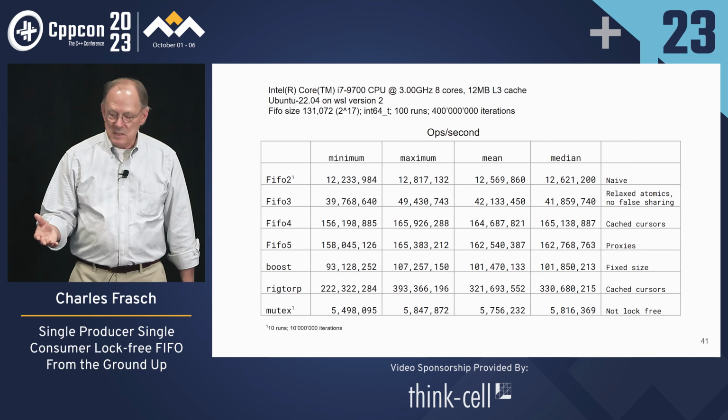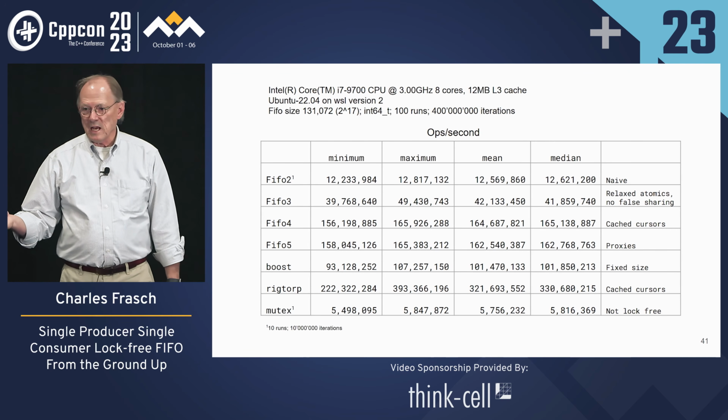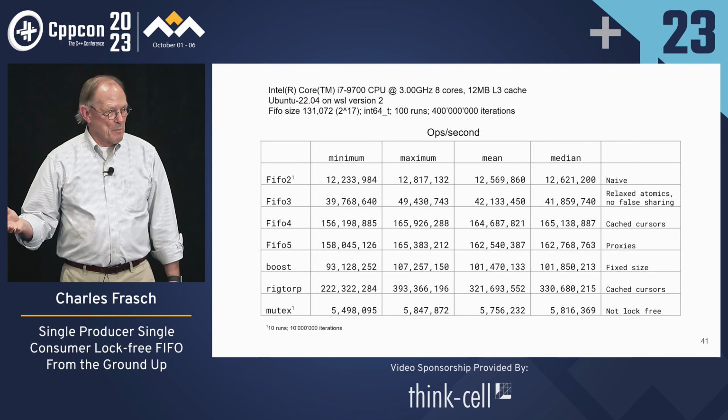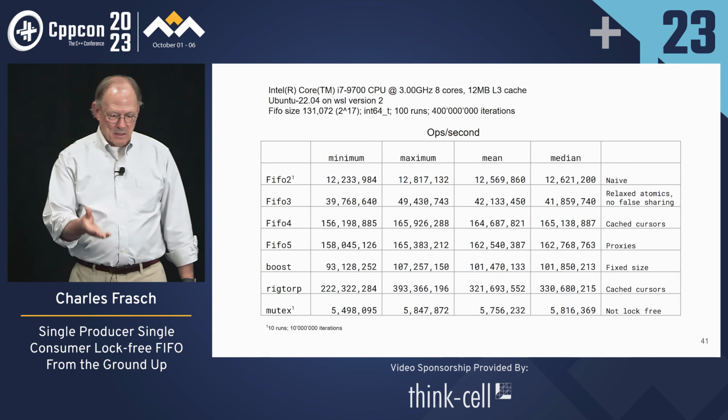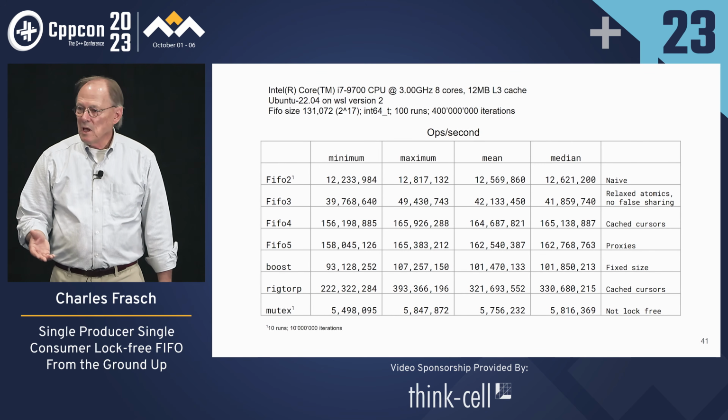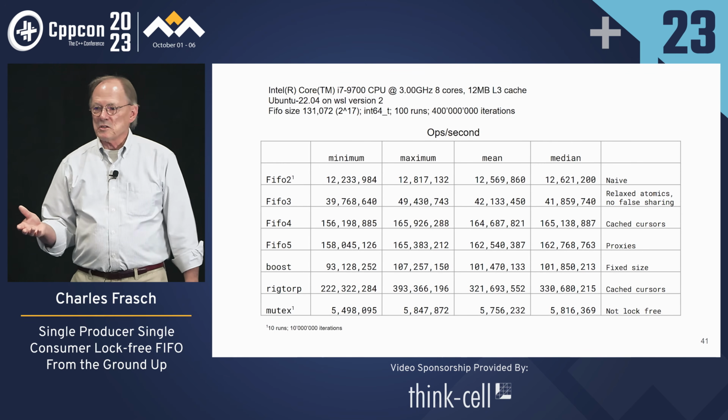So the RigTorp is Erik Rigtorp's cache cursor FIFO that I mentioned earlier in the presentation, and it's a lot faster than any of our other FIFOs. The reason for that is he doesn't use remainder.